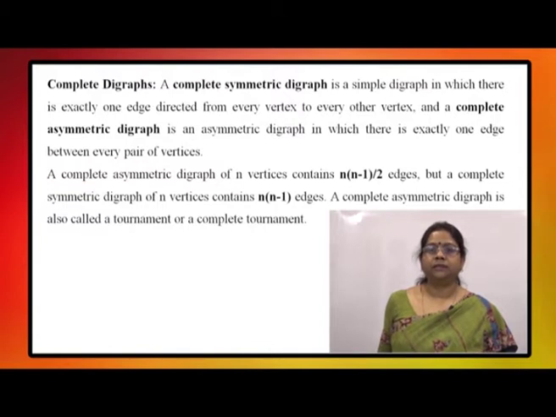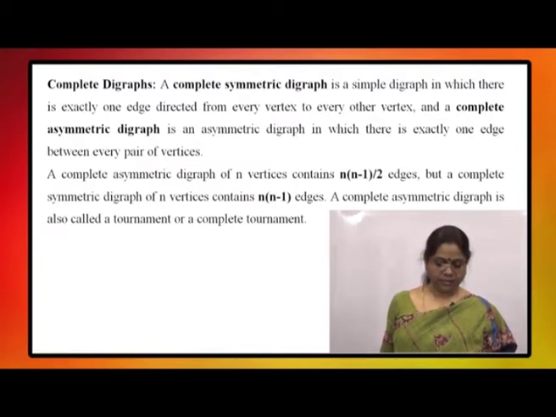So, in a complete symmetric digraph of n vertices, we have n into n minus 1 edges. A complete asymmetric digraph is also called a tournament, or a complete tournament, because in this representation of a digraph, we can see a number of teams play games like football.